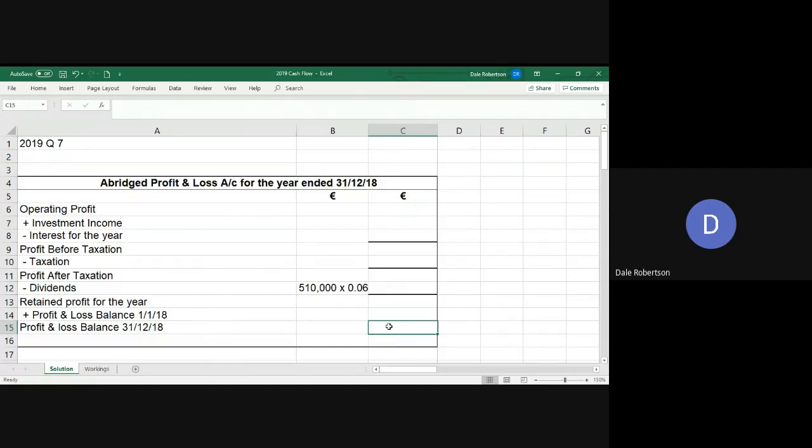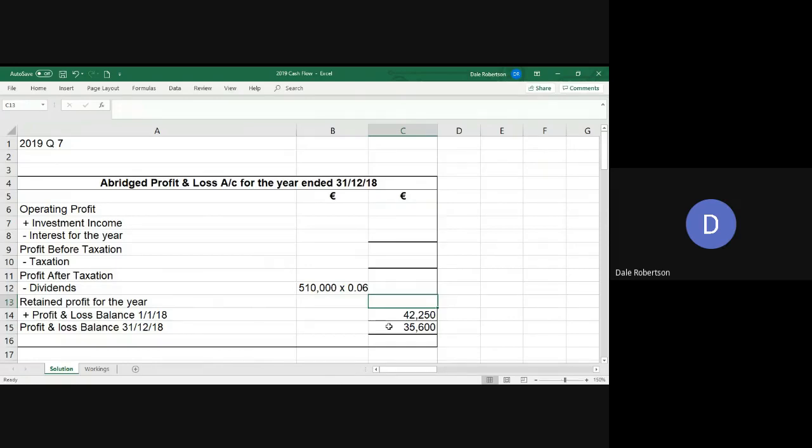Well, if you look at the new year's balance sheet, 2018, and the very last number, bar the capital employed, the profit and loss balance there is recorded as 35,600. And of course, what was the profit and loss balance for the previous year, or for the start of this year? Well, that is 42,250. Now, this will aid us in getting a retained profit for the year.